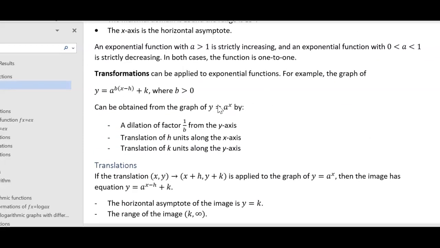Here. Okay, so you can see here the number, the coefficient of x, which in this case is b. Okay, so b just represents a number, and the question which we just did, it was log base e of 2, I think it was. All right, so your dilation is a factor of 1 over b from the y-axis. Okay, so that's the relationship between the coefficient of x and your dilation.